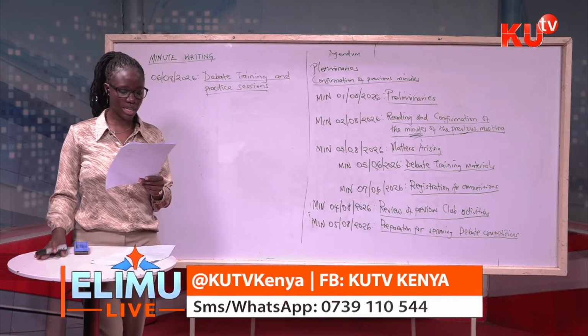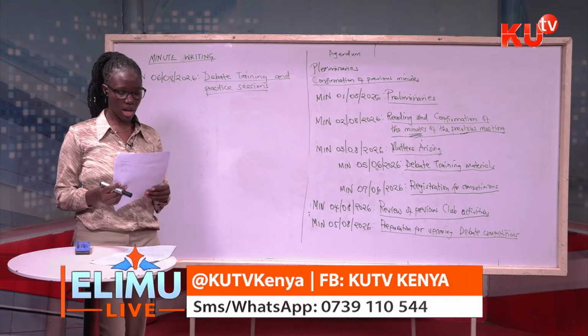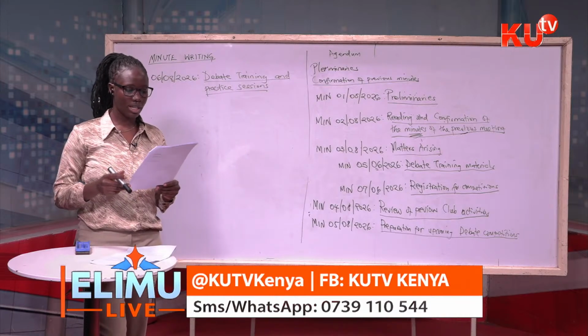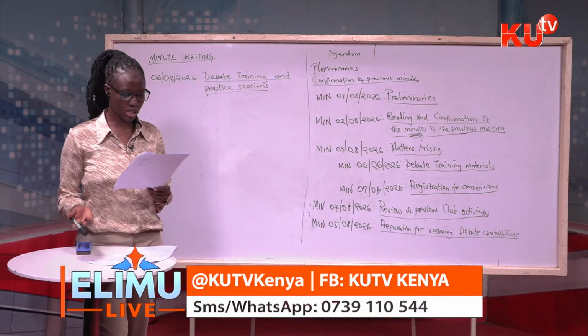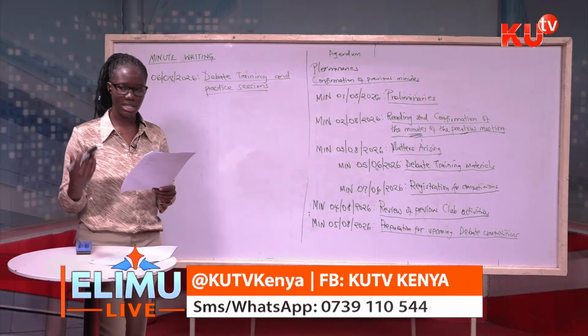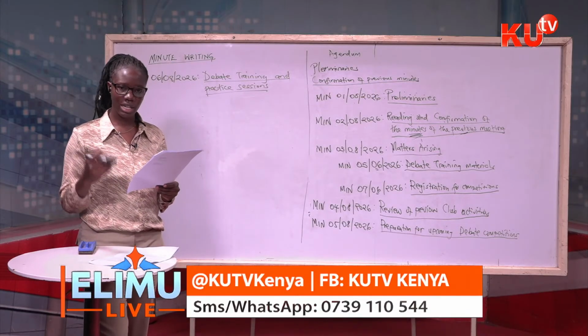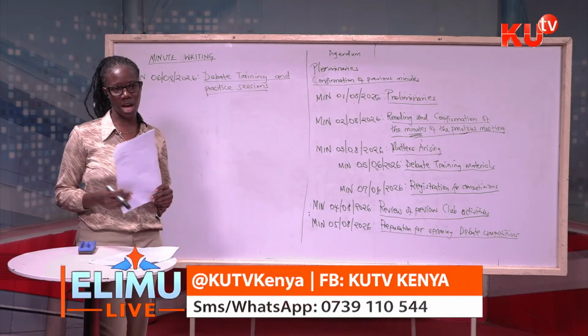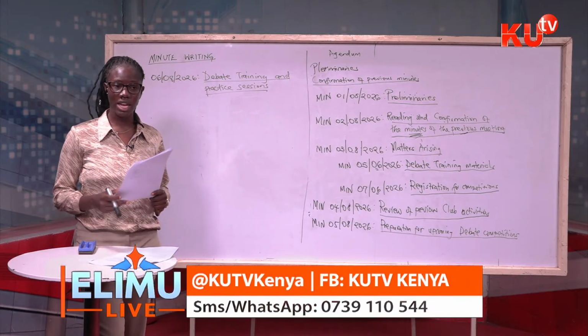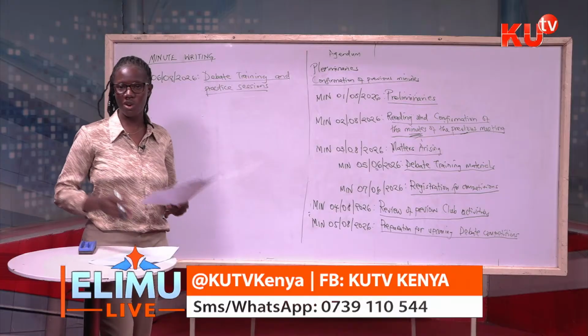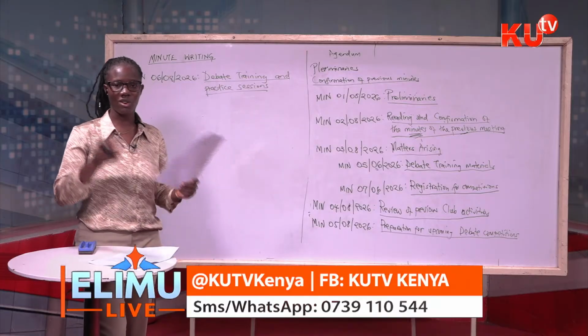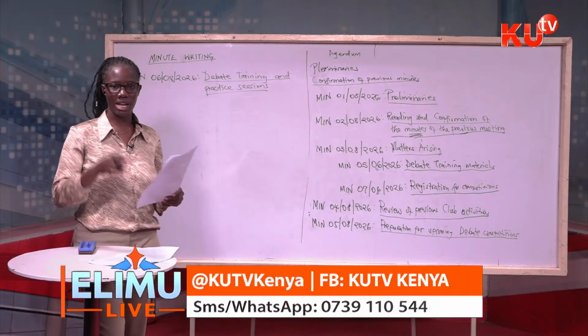So here you can say that the club agreed. Look at the words used here: the members reviewed, the members discussed, the members proposed, the club agreed. These are some of the words that you're supposed to use, and not so and so said this, a member said this.